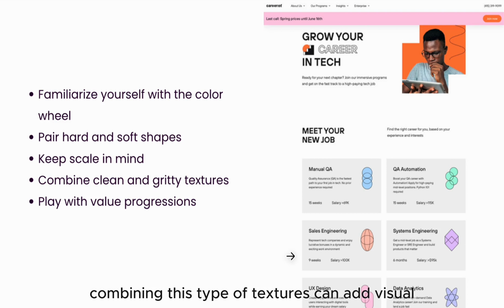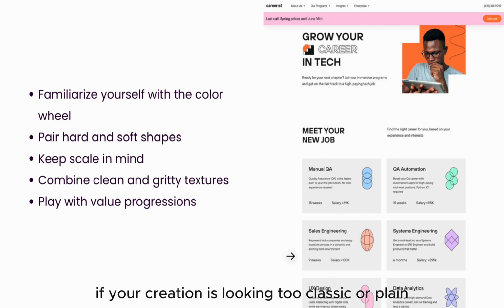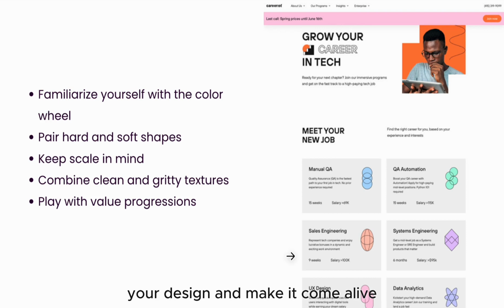Combining these types of textures can add visual interest to an otherwise flat design. If your creation is looking too classic or plain, you can add some textures that would bring your design and make it come alive.